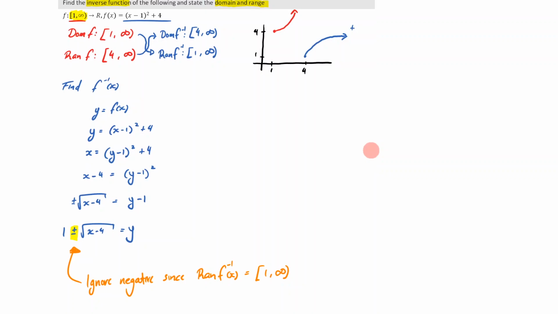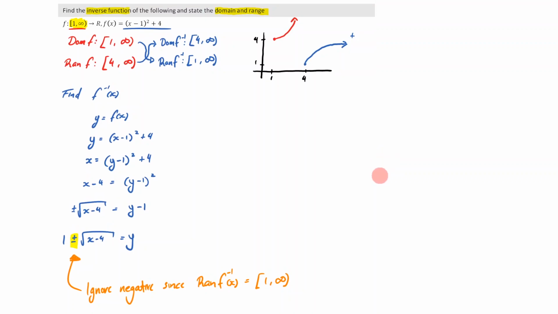All right, so once all this is said and done, now I can actually write my final answer. So my final answer is going to be the following. It's going to be the inverse of f. My domain is 4 to infinity. My codomain is all real numbers.